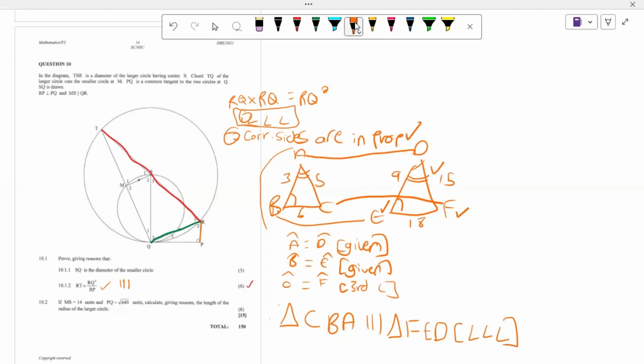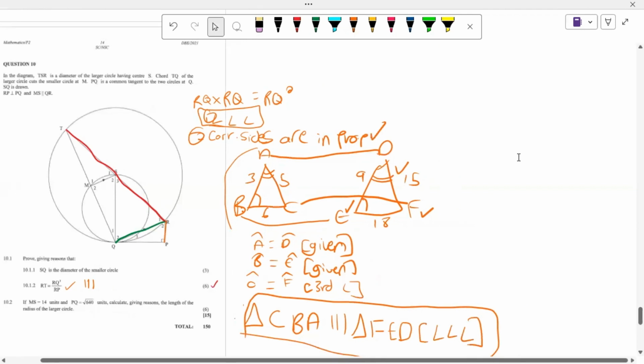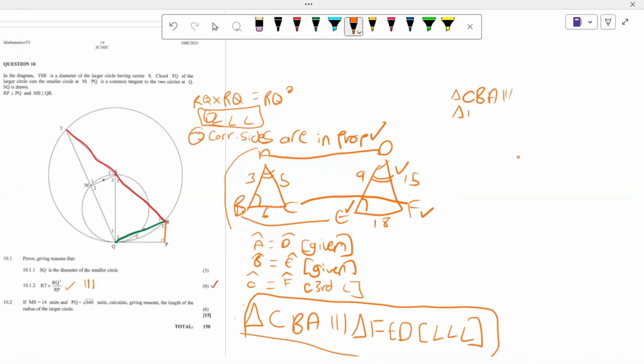So I know I have triangle CBA similar to triangle FED. CB corresponds to FE, from the way I wrote them down.